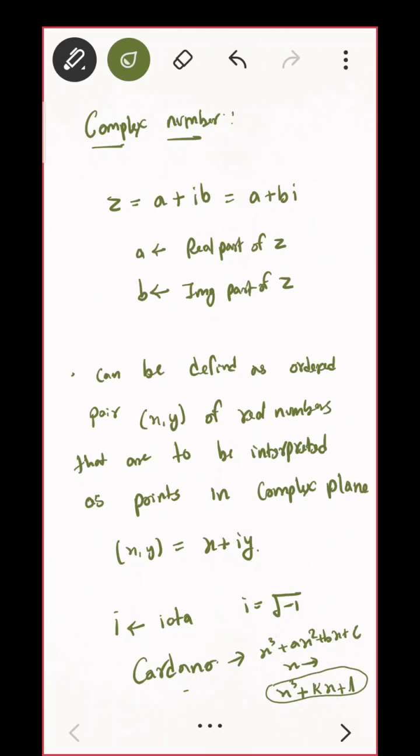We'll later on see what the rule is and how it works. Okay, so if I say z equal to x comma y, then you must understand this is the same as x plus iy, and real part x is equal to real part, which I will write as Re of z, and y is the imaginary part, that is Im of z.